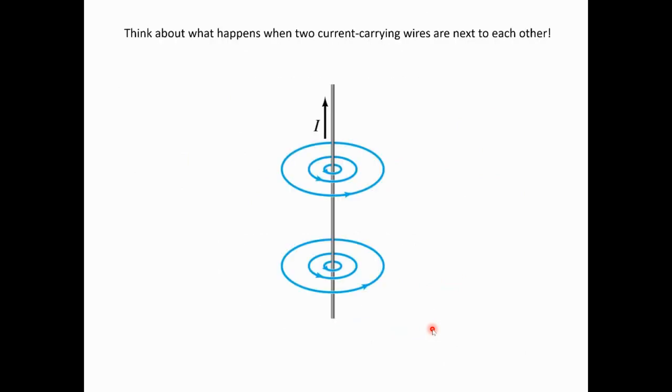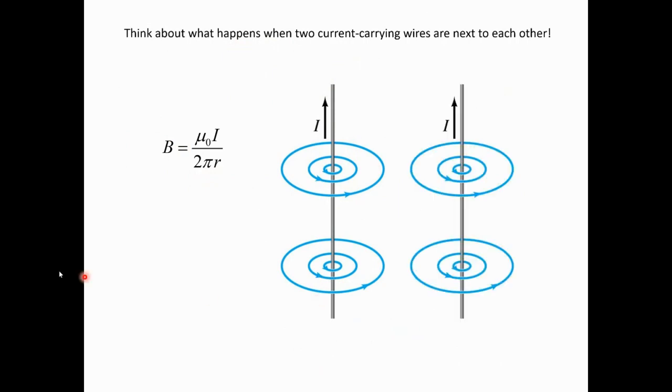All right, so let's apply this to a couple of situations. It's interesting to think about what happens if you have 2 current carrying wires that are next to each other. So here's one current carrying wire, and you can see the magnetic field. It has this magnitude at a distance r away from it, measured perpendicularly from the wire.